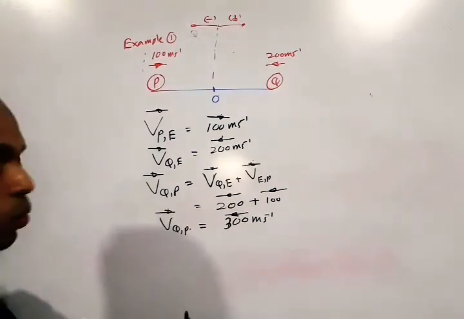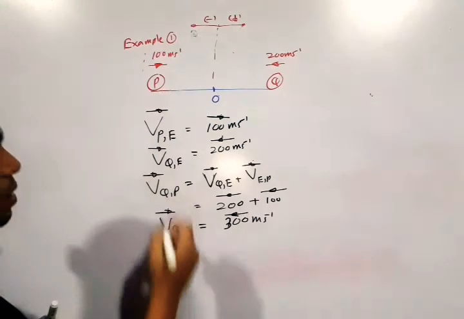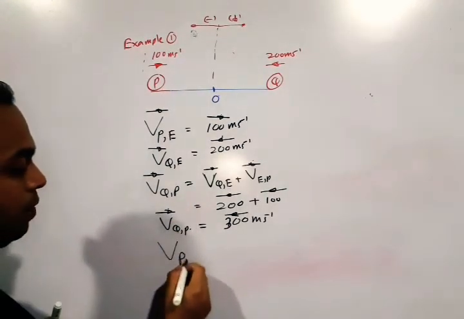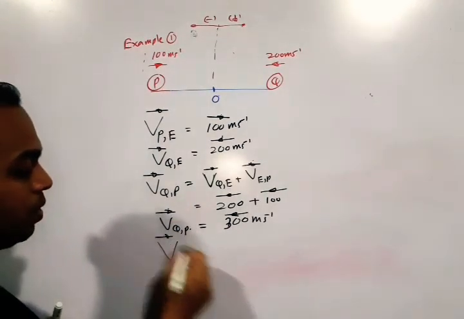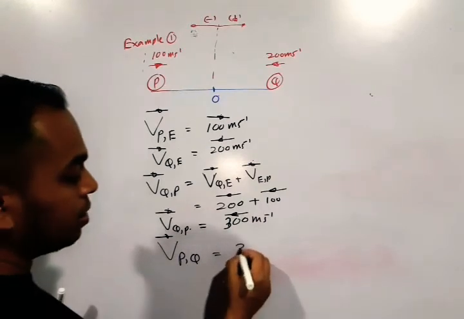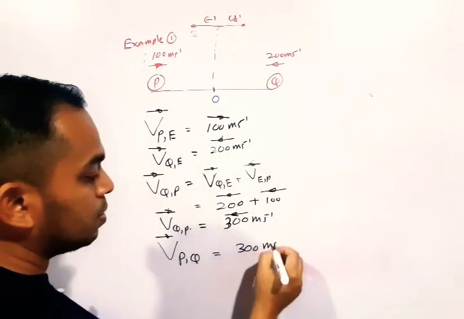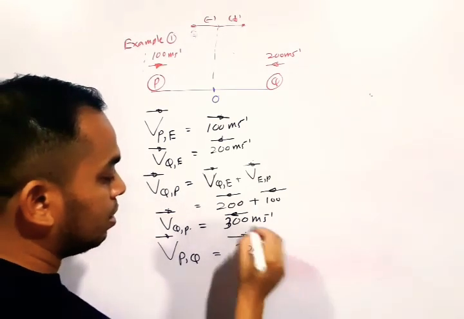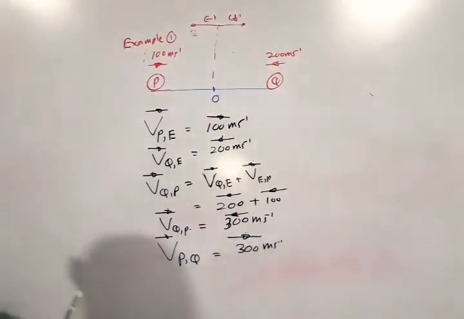If you go ahead and find velocity of P with respect to Q, you would find the same answer in magnitude but different in direction. So this would be 300 meters per second but in this direction. Why?